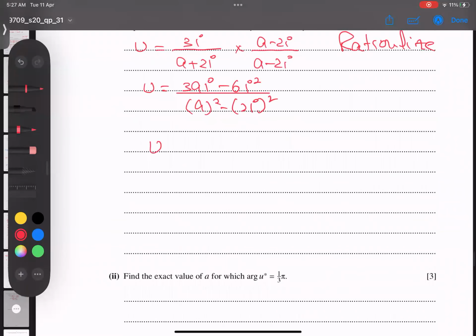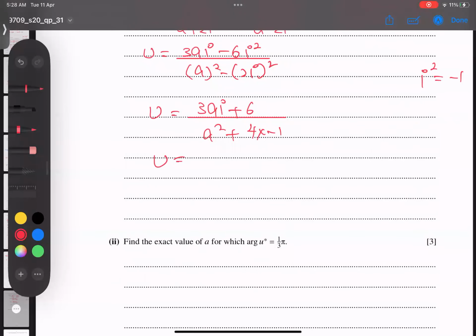Or you can do the simple method of multiplying, no issue at all. And iota square is very clear, minus 1. So this is minus 1. So I get a plus 6 finally. And square of a and square of 2 become 4 into iota square. And iota square gives you what, students? Minus 1. So 3a iota plus 6 over a to power 2 minus 4.